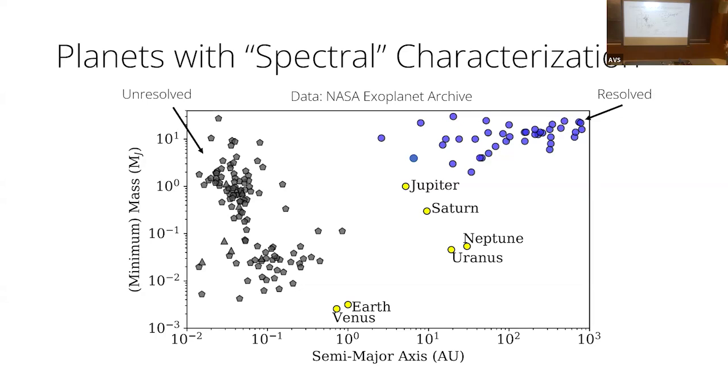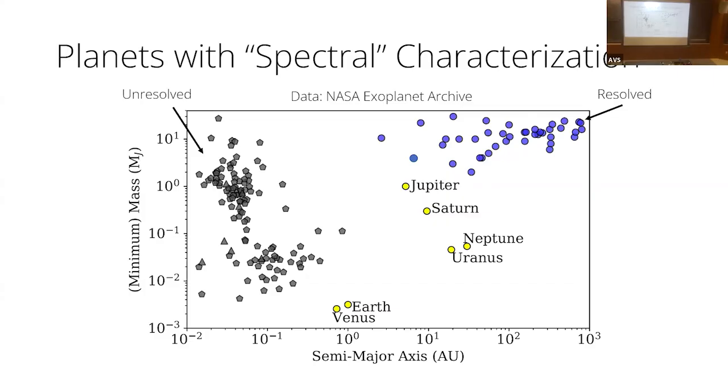And I use spectral loosely, as this means we've observed this planet directly in at least 2 different filters. And suddenly those thousands of planets, the large majority of them, have all disappeared. Of the planets that can be characterized spectrally, there's only these close-in planets that can be characterized with unresolved spectroscopy or photometry, and these further out planets, these directly imaged planets, that can be characterized with spatially resolved photometry or spectroscopy.